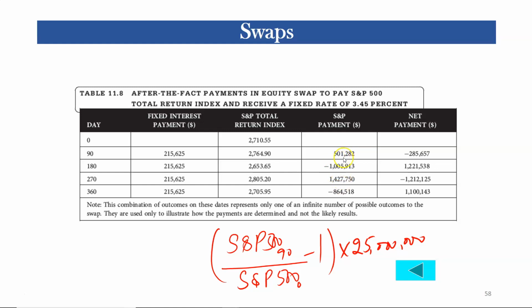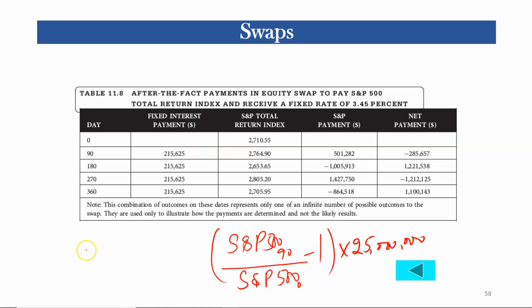The first payment is 501,282 and it is obtained by dividing 2764.9 by 2710.55. The payment on the equity side that IVM has to make is 501,282 and the fixed payment due from the counterparty in the swap is 215,625.